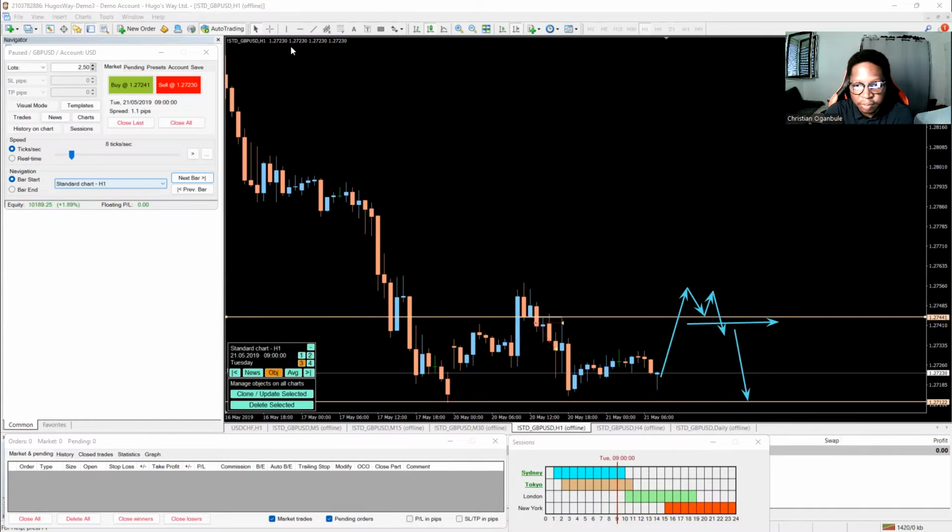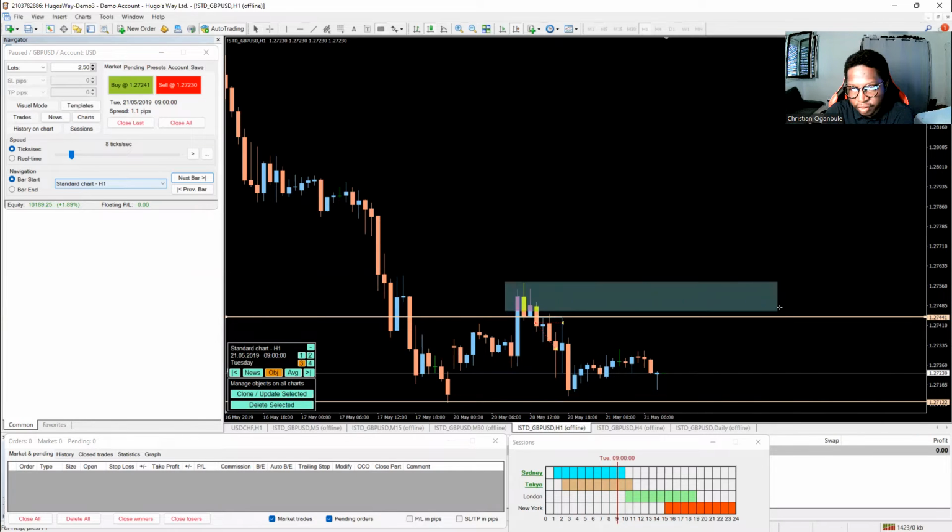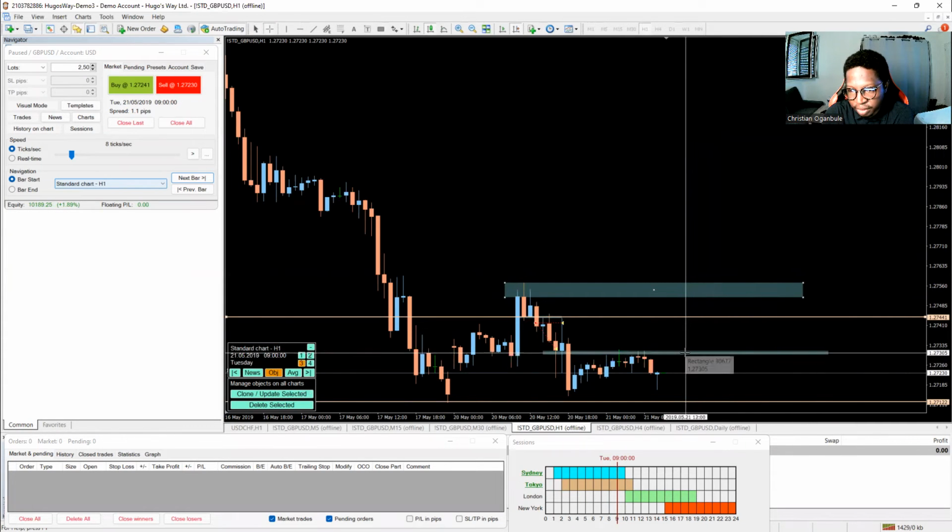So let's see what price then brings. And based on this time frame, we also see this level of resistance right here. In any case, just to be aware of that position, and we also have a level of resistance right here. So I wouldn't touch price in this range, to be honest.